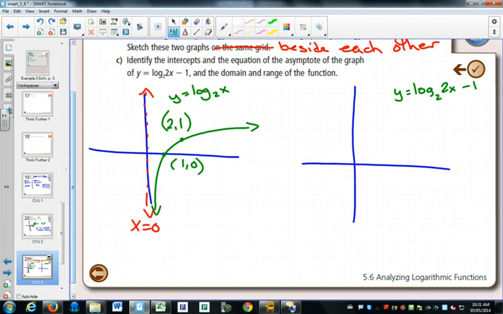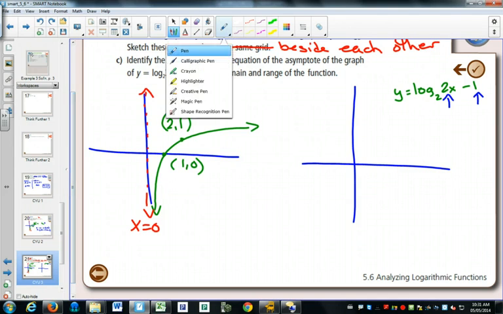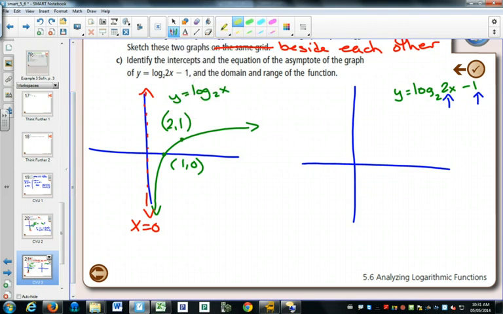Okay, so what do we have here? What does that 2 do? What does this 1 do? You have to realize that this 2 is part of our regular graph. And so this 2 here, which is part of our parent graph, does not affect the transformations.